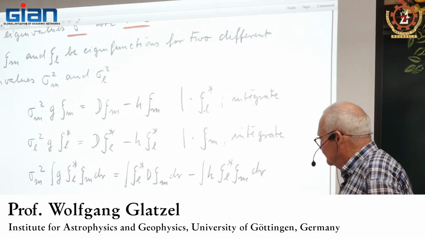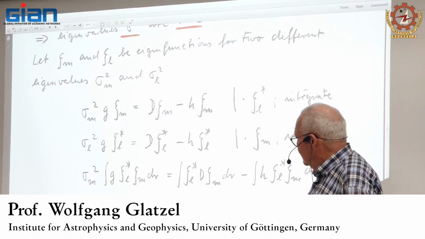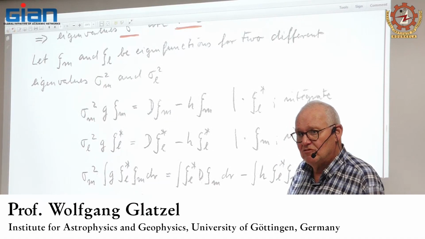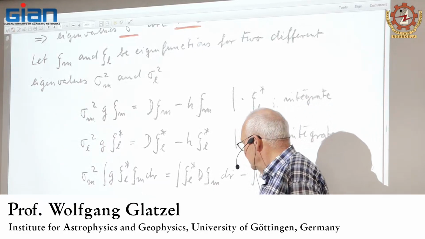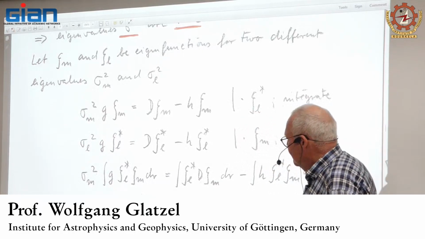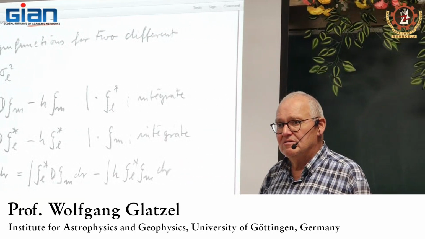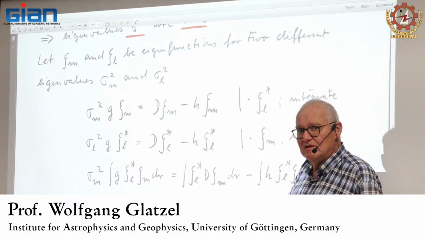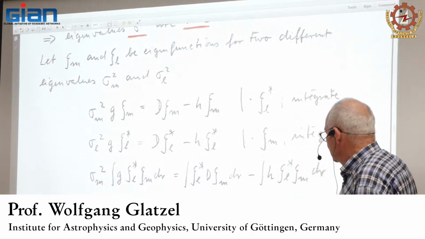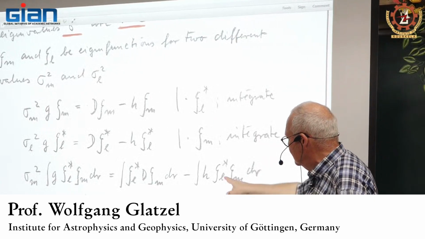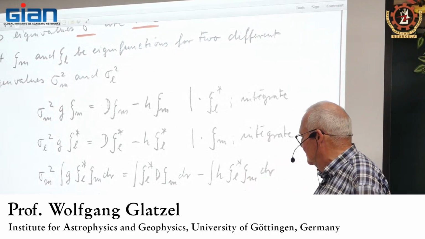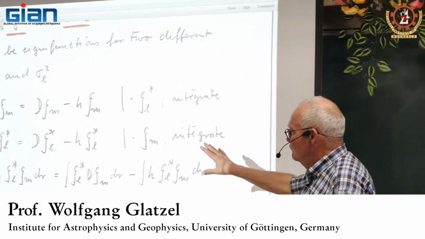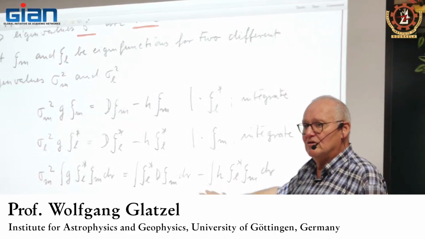Okay, now we know that these two terms are the same because the operator d is symmetric, so we can interchange zeta l star and zeta m, and we can subtract these two equations. Then these two terms will cancel because the operator is symmetric, and these two terms will cancel because obviously zeta l star times zeta m is equal to zeta m times zeta l star. So the difference of the right hand side is 0.